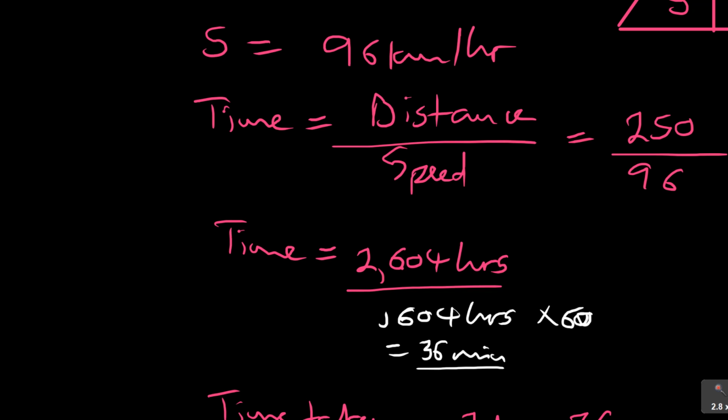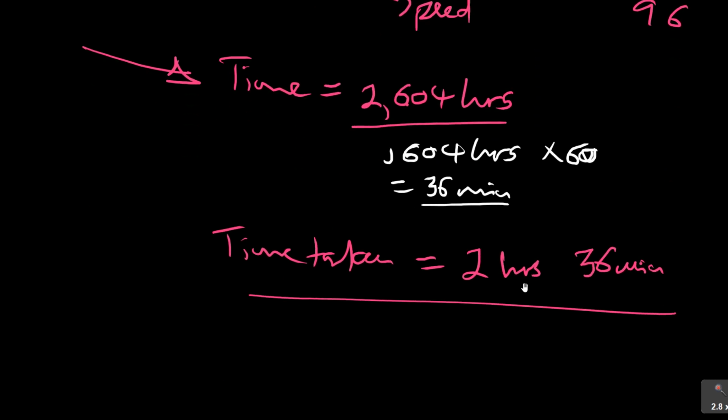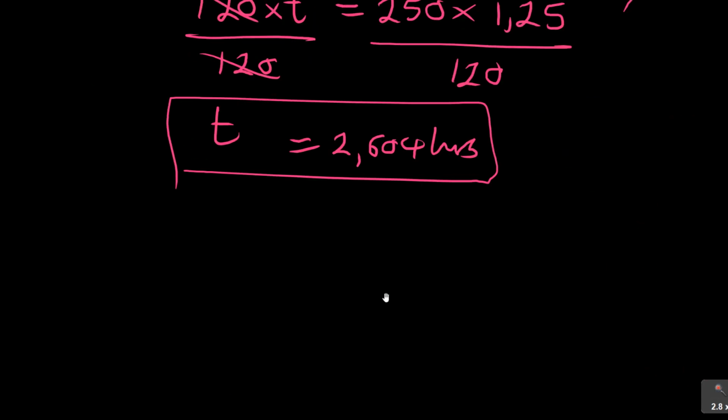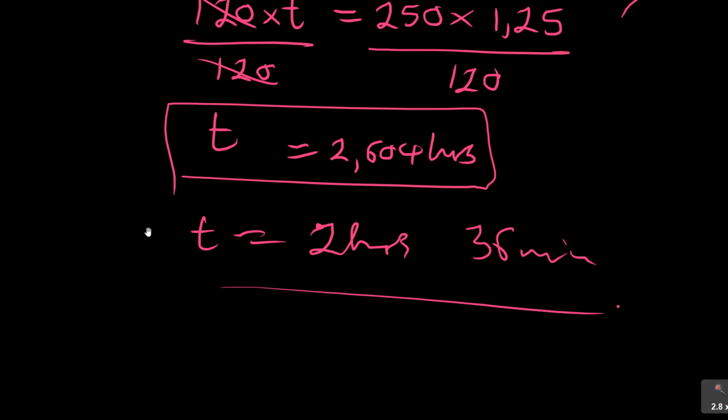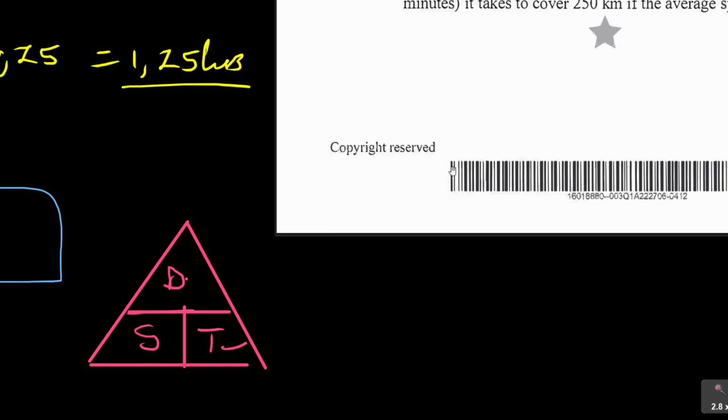You continue the next stage from here, continuing from 2.604 up to 2 hours 36 minutes. Even here, 2.604, then t is 2 hours 36 minutes. That is how you could have gotten this answer correct.